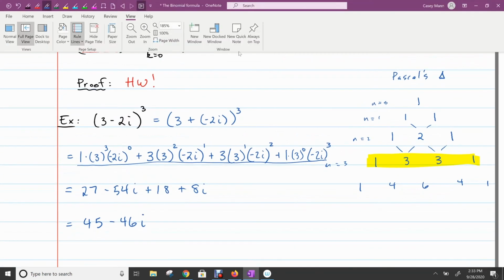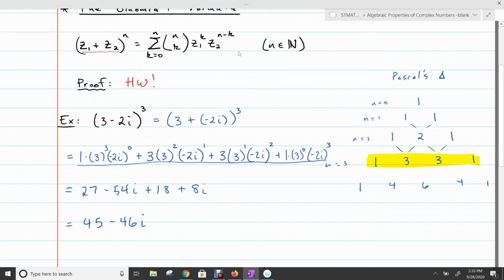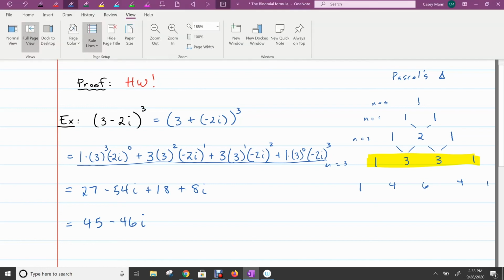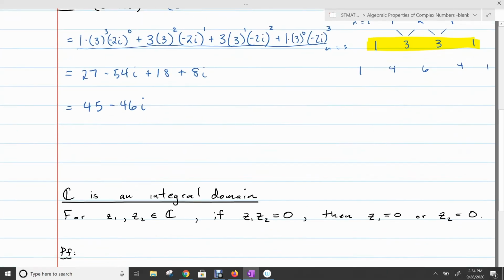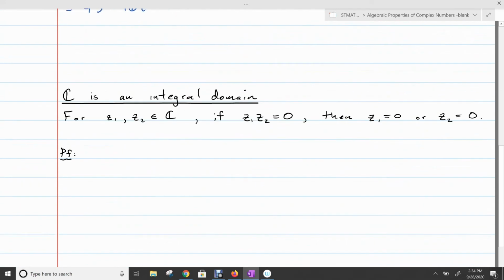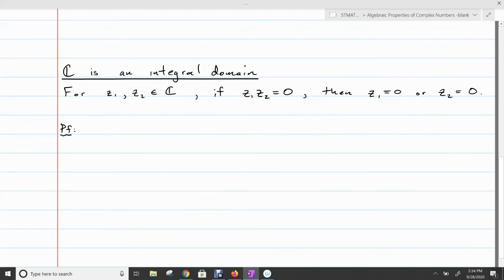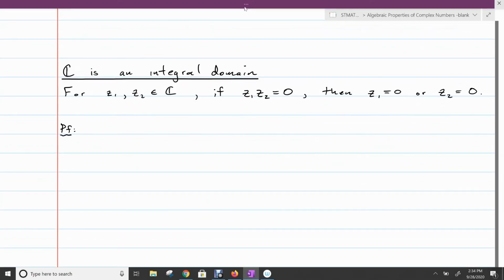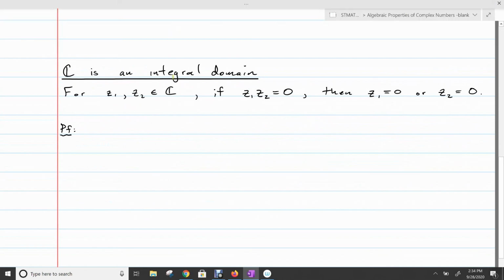This formula is convenient, for example, when you're dealing with formulas involving general nth degree terms. In particular, a little later when we're wanting to do the derivative of z to the n, this formula will be useful for that. Okay, one last thing that needs to be mentioned about the complex numbers is that the complex numbers are what's called an integral domain.